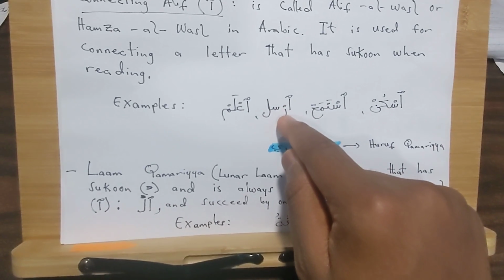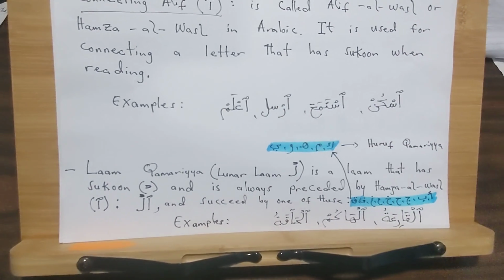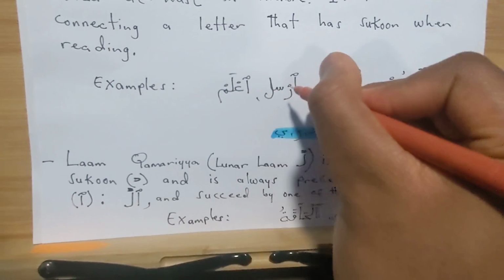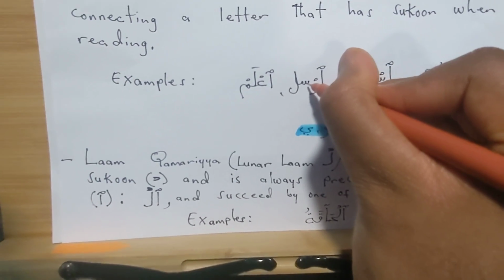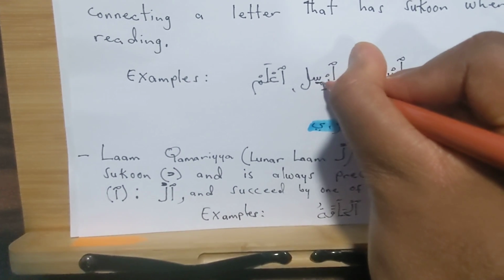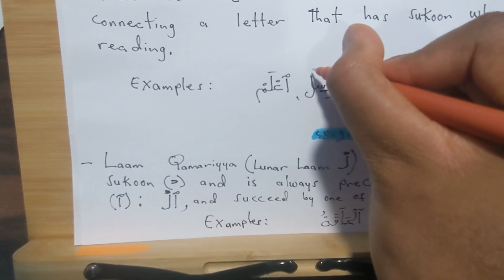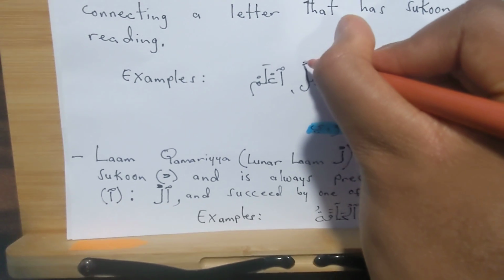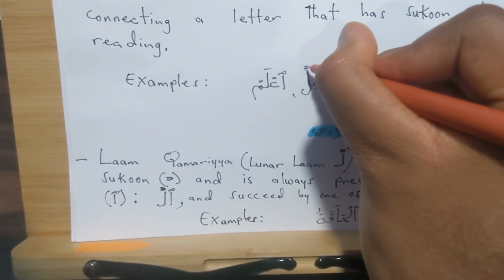Here is irsil. I forgot to put the harakat on it. It's a kasra. It's irsil. This is how the sukoon is written in the Quran.